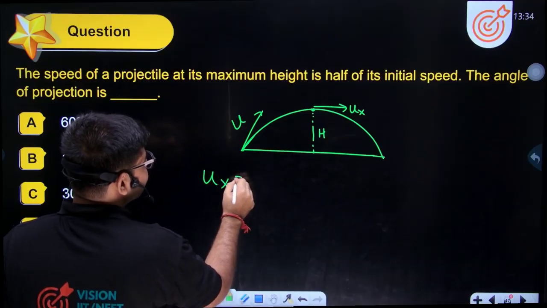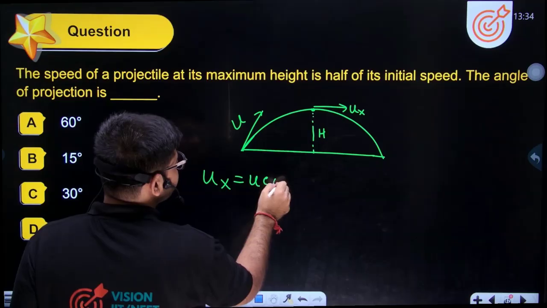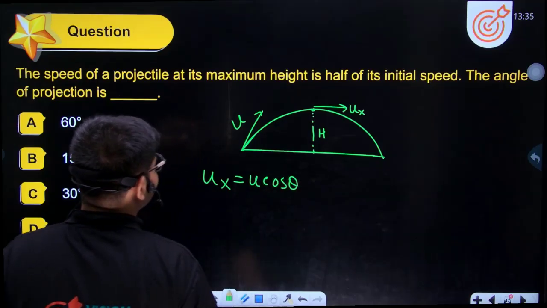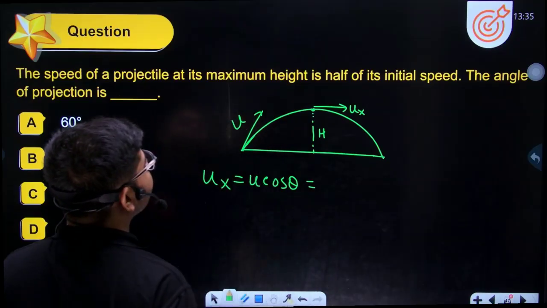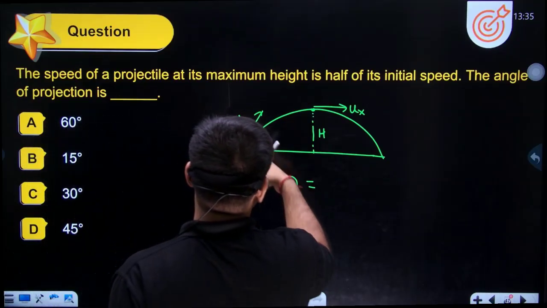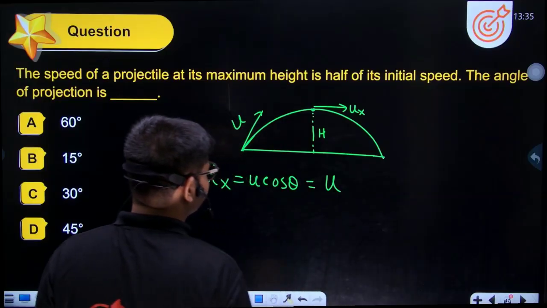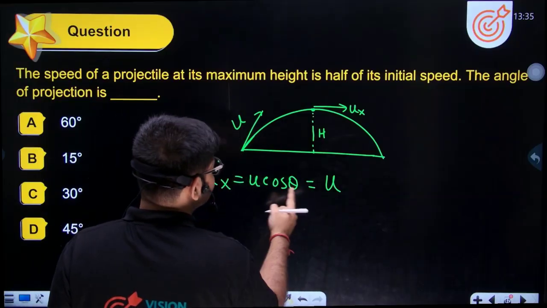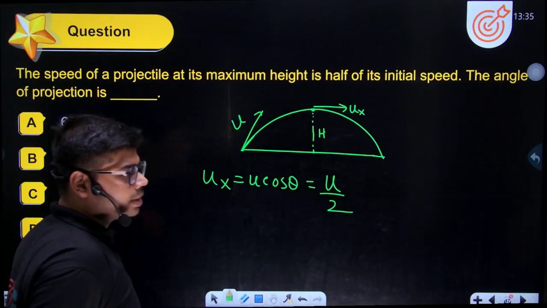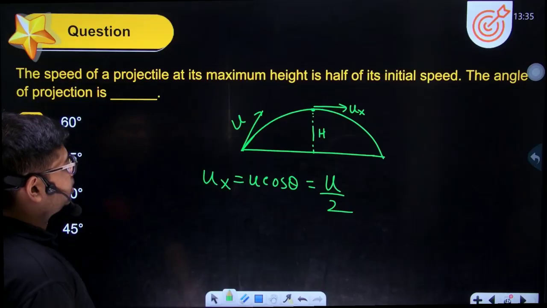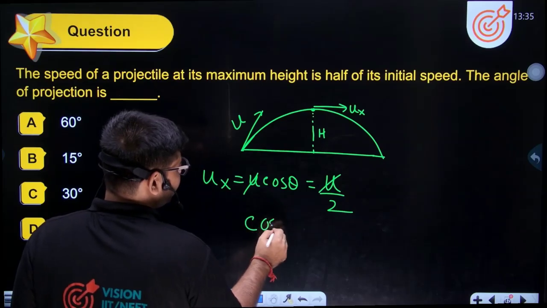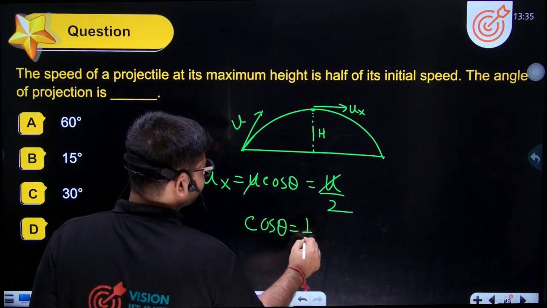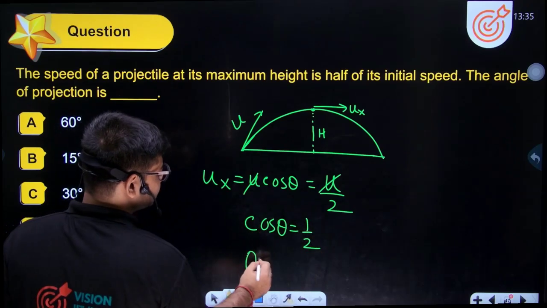And what is said is that this ux at the highest point is equal to half of its initial speed. The initial speed is u, so ux is nothing but u by 2. That is exactly what is given in your question. u gets cancelled, which means the value of cos theta is half. So the value of theta is 60 degree.